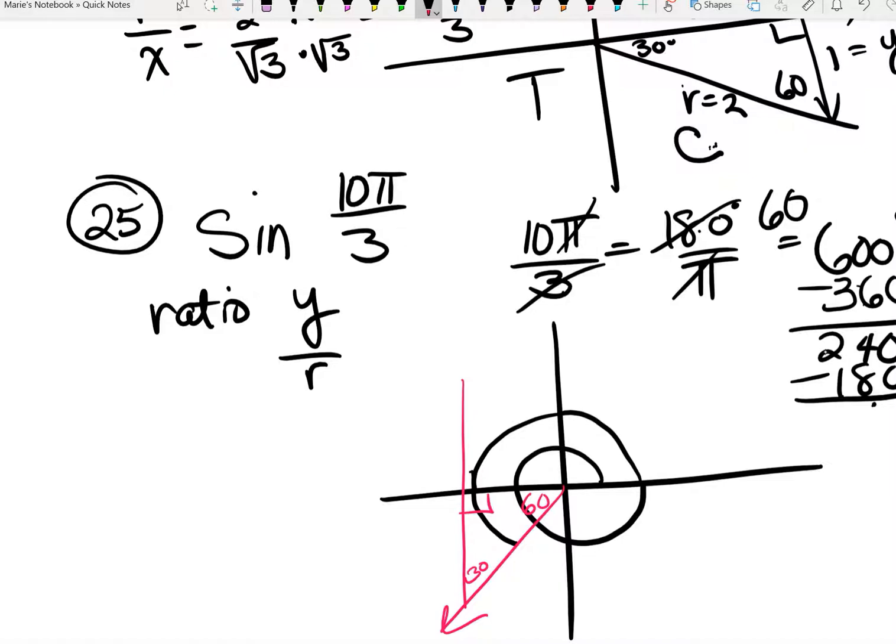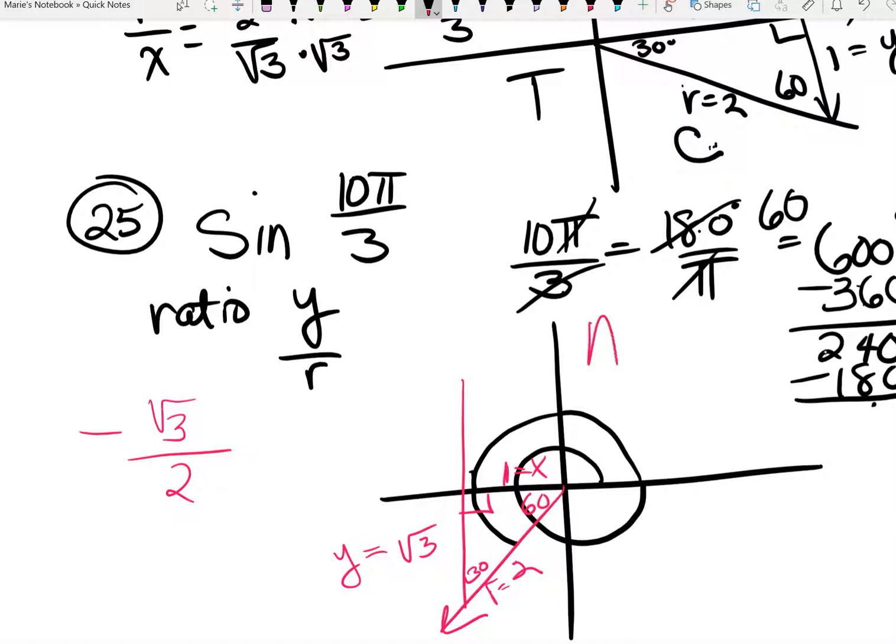And with that said, 30, 60, 90, again, the hypotenuse is the 2. The side opposite the 60 is always the square root of 3, and the 30, in this case, the 1, which means that x is 1, y is square root of 3, and r is equal to 2. Using the ratio, this is square root of 3 over 2, and also keep in mind sine is negative here, right?